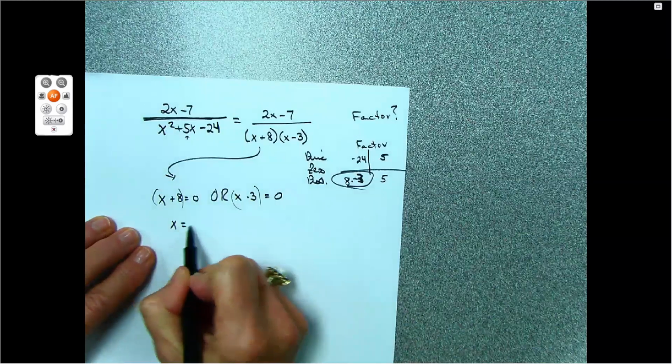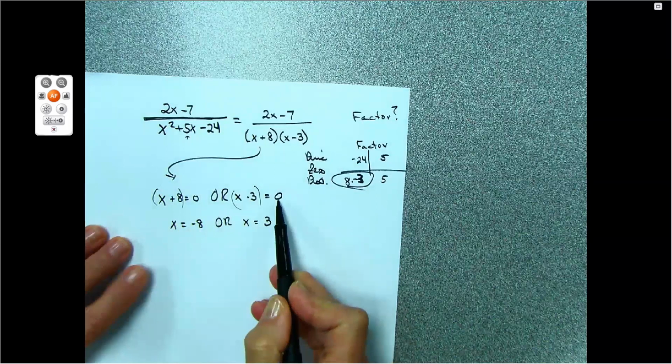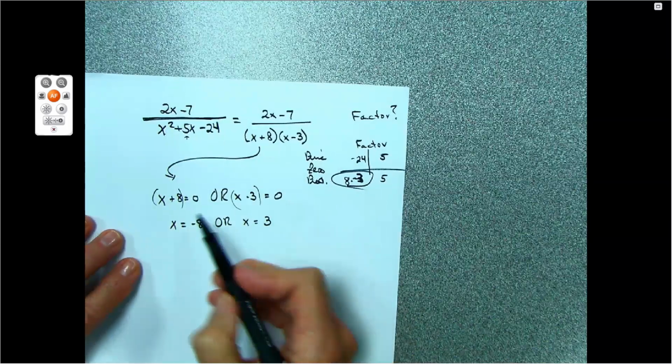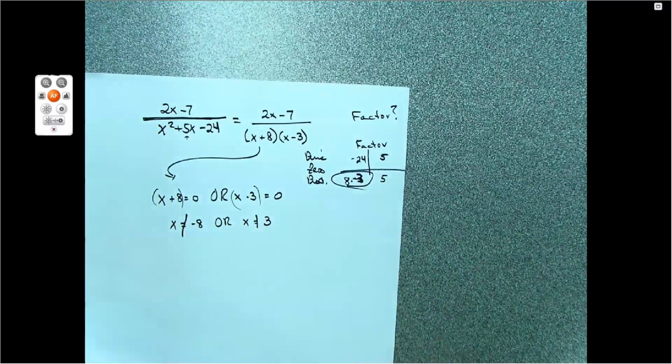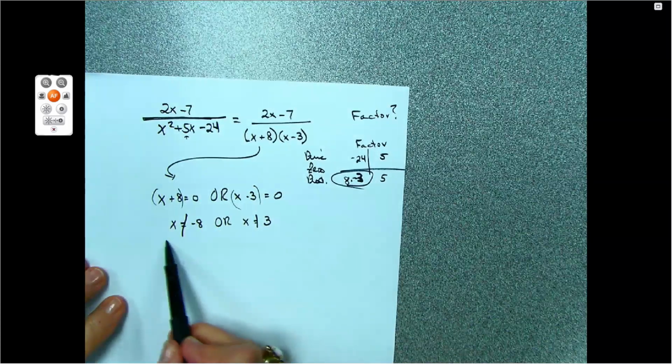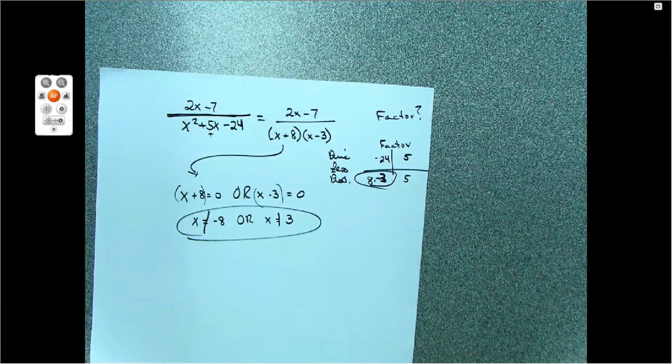So x equals -8 or x equals 3 to set it equal to 0. So I'm going to make sure that x does not equal -8 or x does not equal 3. Otherwise, all real numbers could be substituted for x and we could evaluate this rational expression.